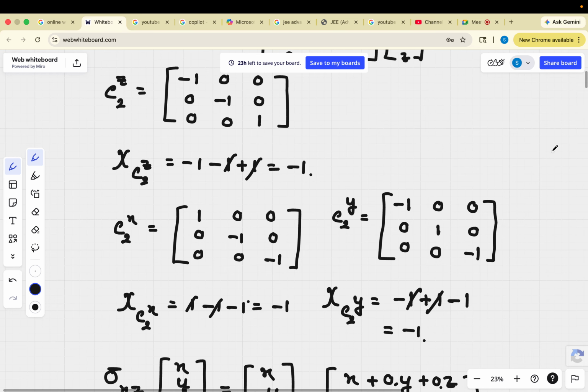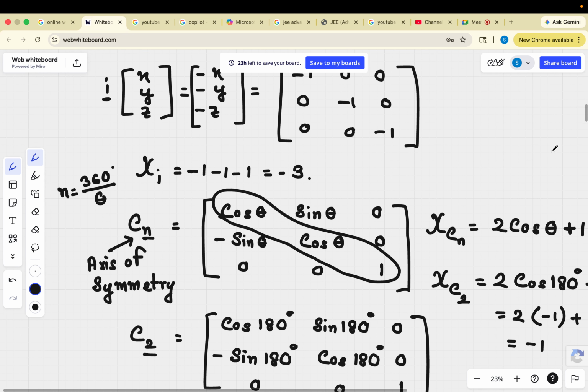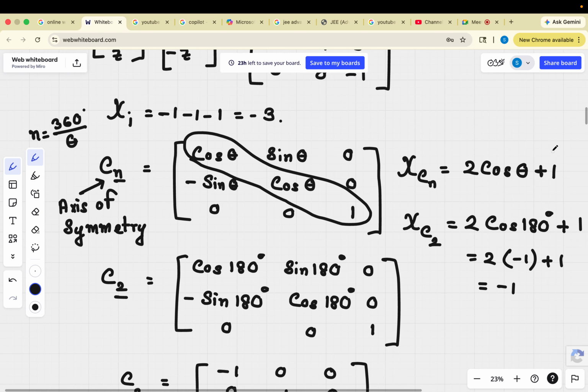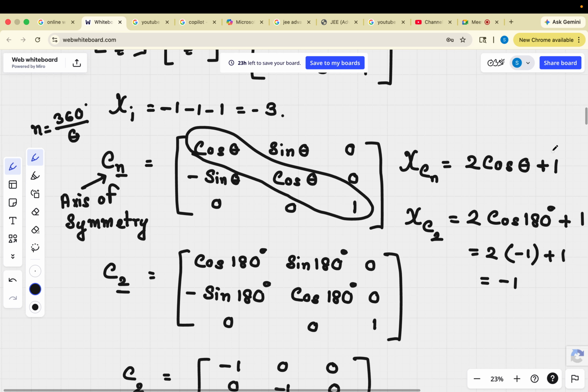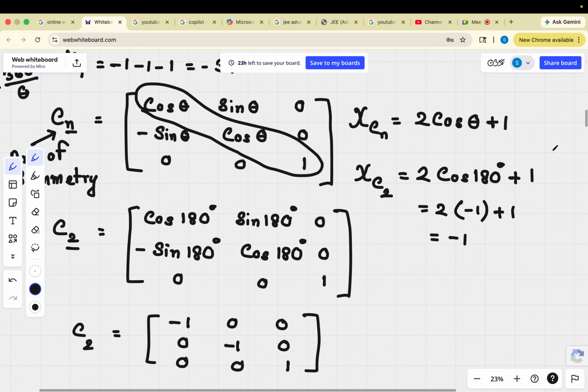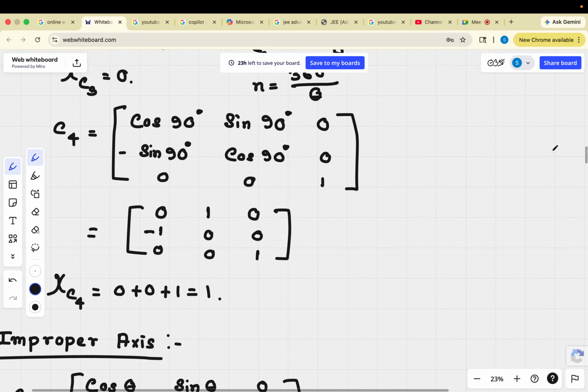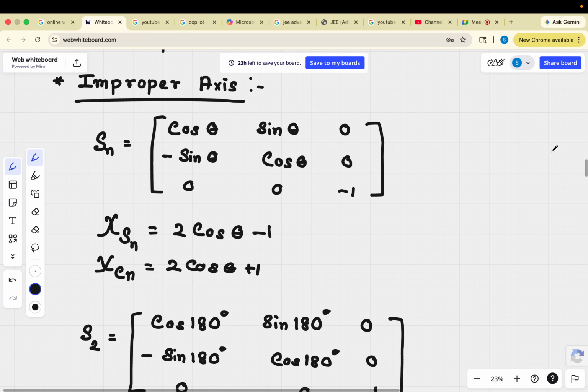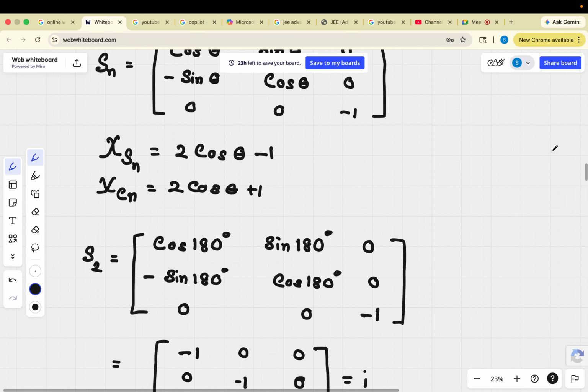Now for any Cn axis we have a formula for matrix representation, you just follow it, you will get the value for C2, C3, C4, C5, C6. For the C2 character you have to put the value in this formula, 2 cos theta plus 1. For Sn axis, the improper axis of symmetry, you have a formula for the matrix representation, and for characters you will get 2 cos theta minus 1.